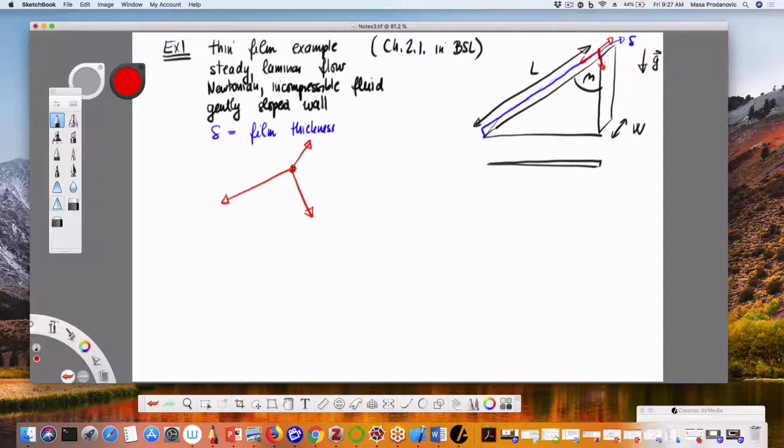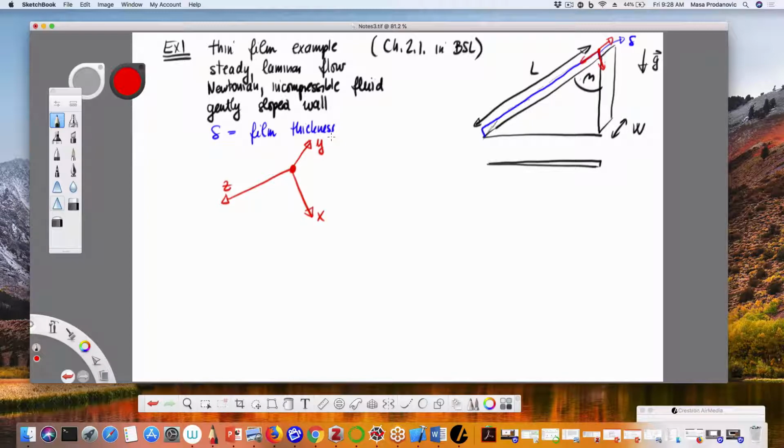I'm going to call this direction Z, this one X, and the one into the paper is Y. And that one I'm going to completely ignore when solving the problem, because however I slice this film in the Y direction, I expect to see the same picture. So I'm assuming everything is the same into the wall, and so I have a two-dimensional problem.